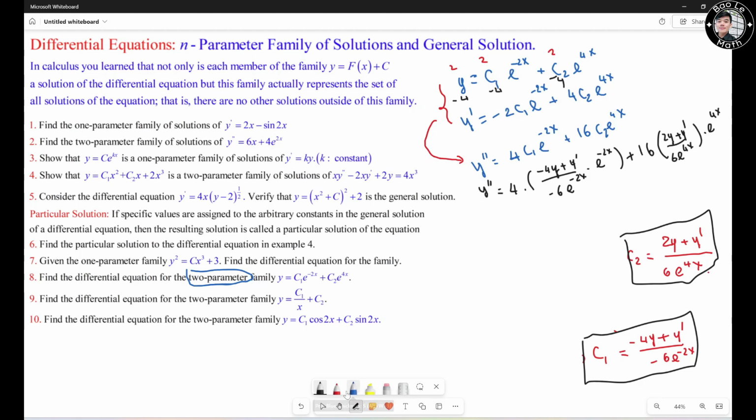Now I just simplify. These cancel out, and these cancel out.